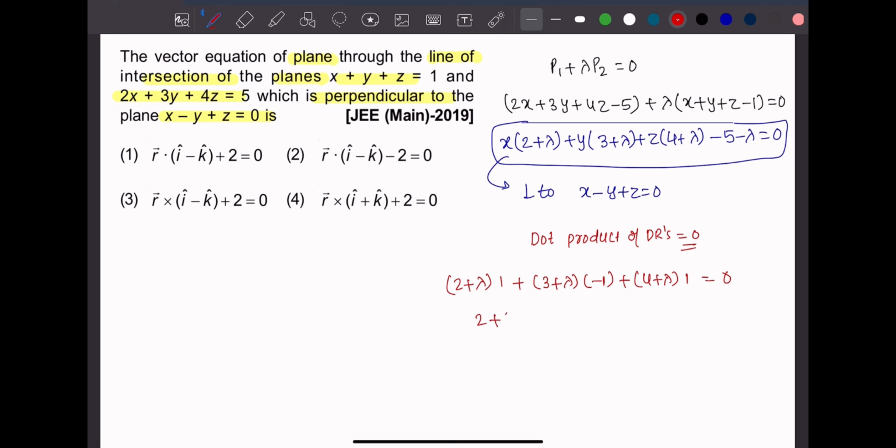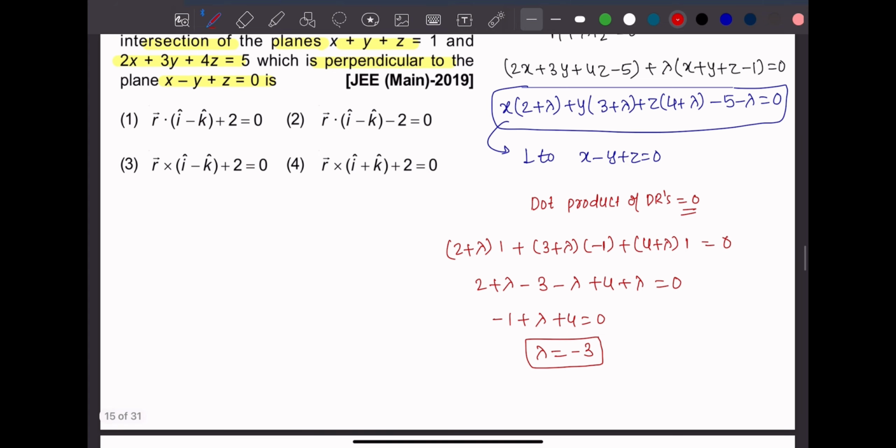So we are getting 2 plus lambda minus 3 minus lambda plus 4 plus lambda is equal to 0. Lambda and lambda cancel out, so we are getting minus 1 plus lambda plus 4 equal to 0. That gives lambda is equal to minus 3.